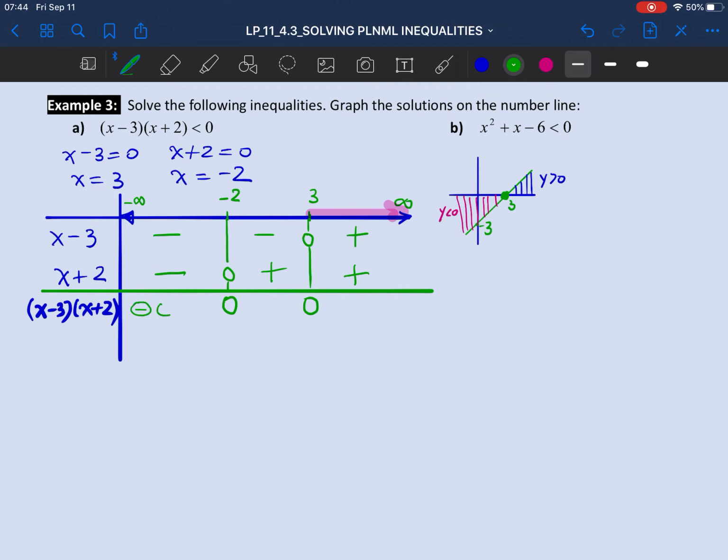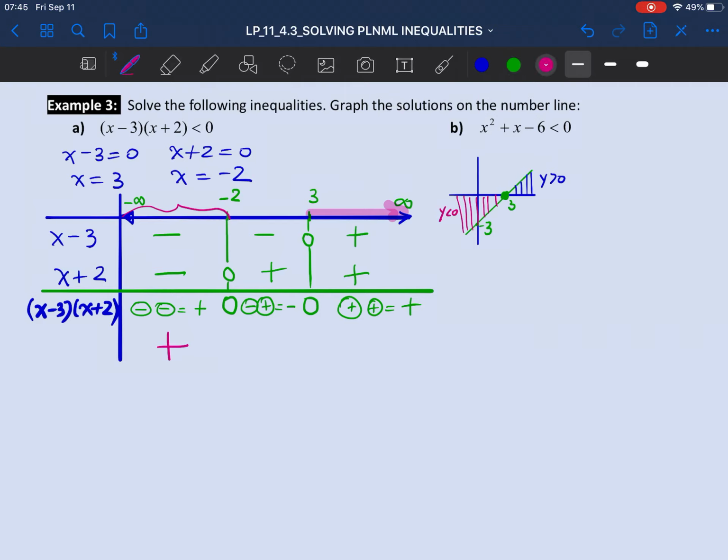So we have negative times negative, positive. Negative times positive, negative. Positive times positive, positive. So we'll say that the product will be positive for the values of x from negative infinity to negative 2.